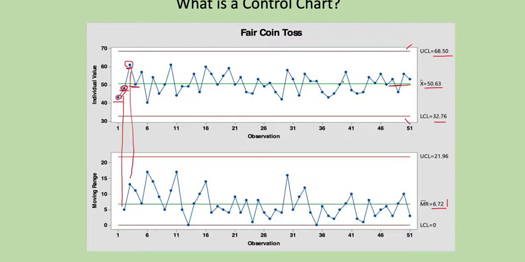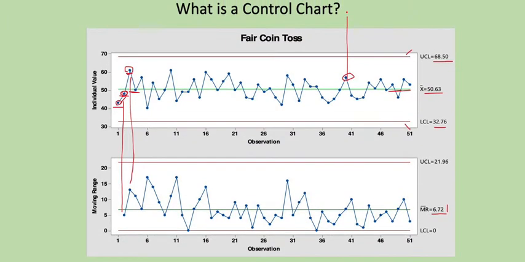So let's say, for example, there was a data point, let's say this one here. Instead of being there, it was actually way up here. So maybe on one trial of 100 flips, you got 100 heads.